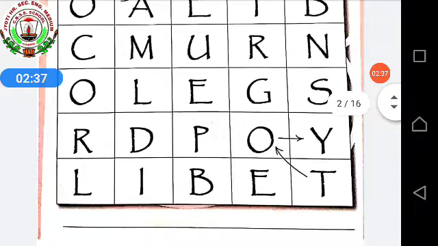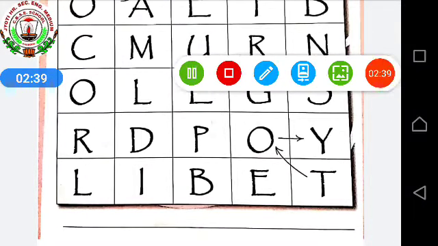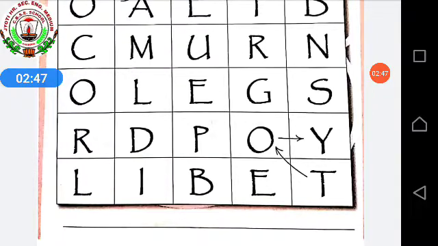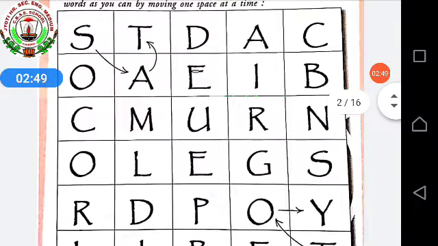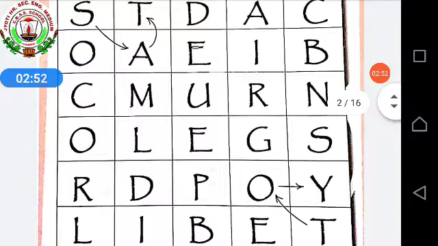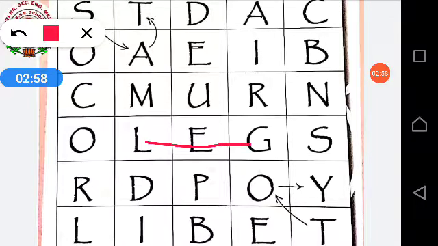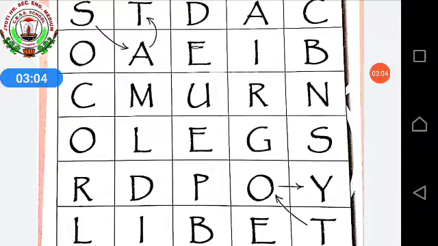See, the other one is also given over here. T-O-Y, toy. Many other words are given, meaningful words. So this you people have to do by yourself. One more example I'll give you. L-E-G-S, legs. Leg, 3 letter, legs, 4 letter. Okay?